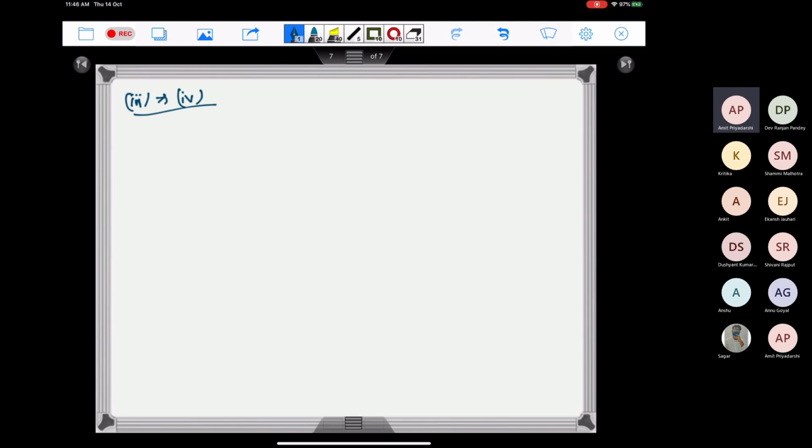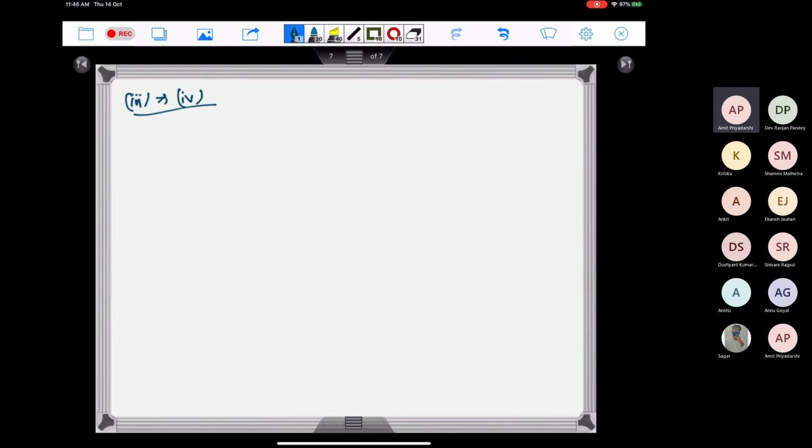So if x is equal to summation x dot e_i e_i, then we have to show that norm x square is equal to summation of mod of x dot e_i square.